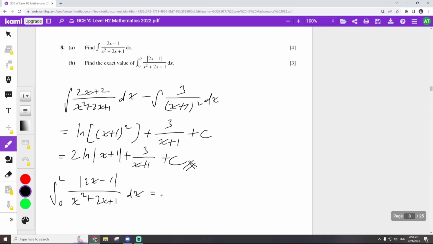So the usual approach is to split the integral. 2x minus 1 is negative for x less than half. So what I like to do for this is just think of it as putting a negative sign on that part and then putting a positive sign on the rest. So I am integrating from half to 2 of 2x minus 1 over x squared plus 2x plus 1 dx, subtract the integral from 0 to half of the same thing.